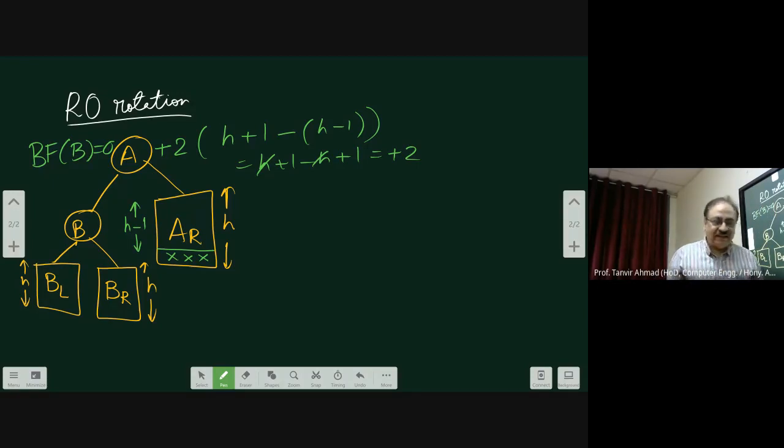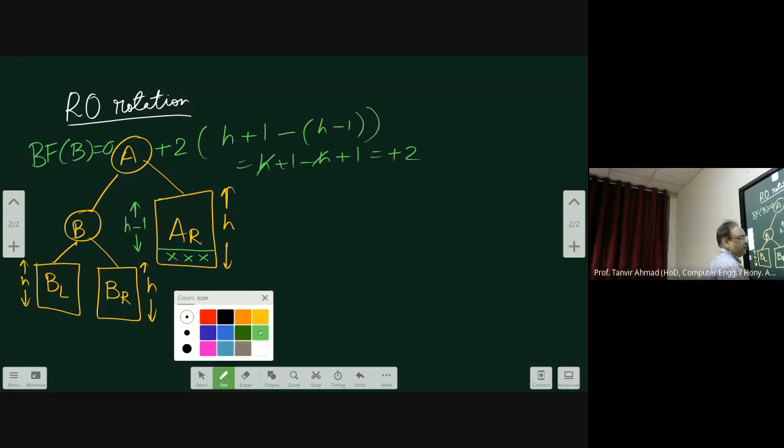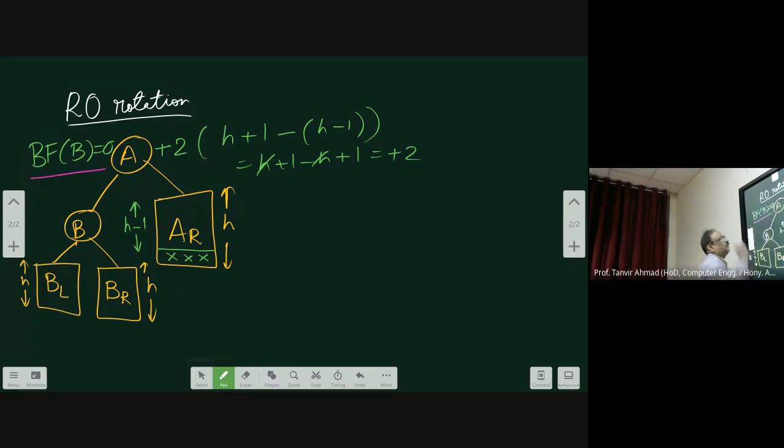If it is like this, you have to apply the R0 rotation. That means this is the condition for applying an R0 rotation, that the B balance factor must be 0. And you find here that the height of BL and the height of BR are the same. Therefore, the balance factor of this is 0.